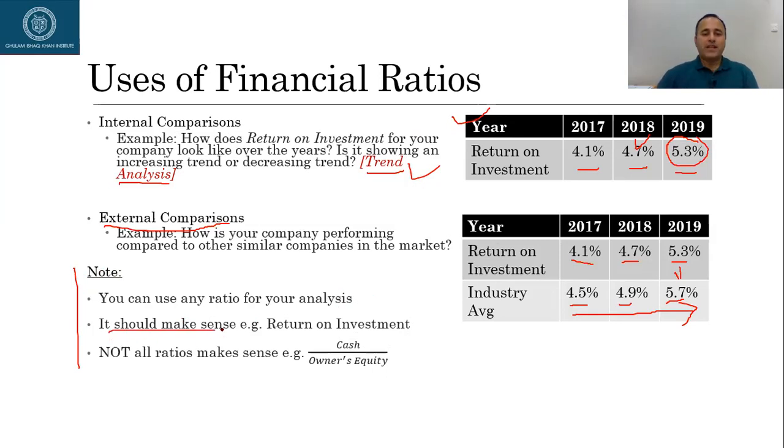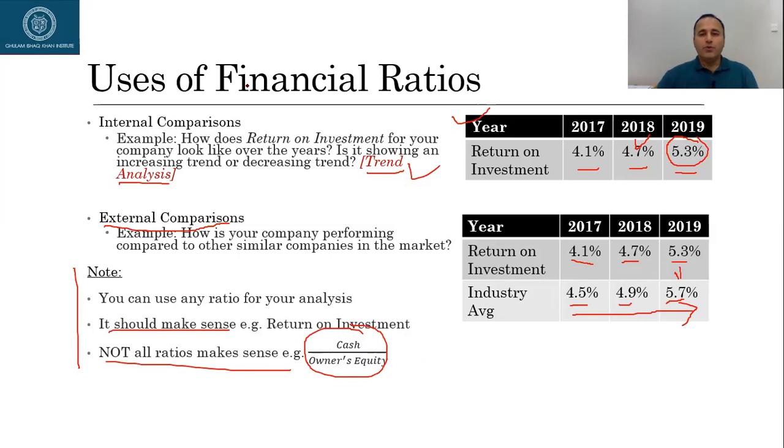But the ratio should make sense. For example, return on investment makes perfect sense. Not all ratios, unfortunately, make sense. For example, there is hardly any intuitive or logical interpretation, let's say, for this ratio, cash divided by owner's equity.